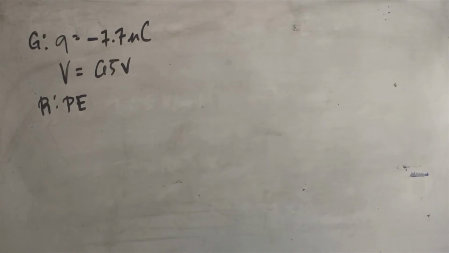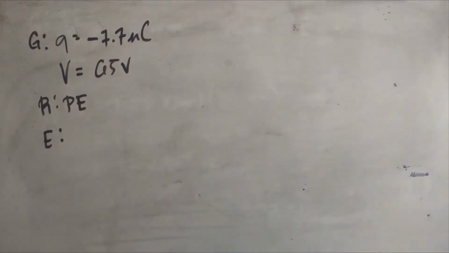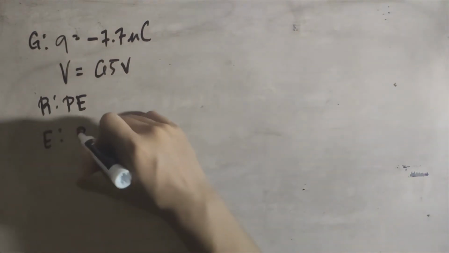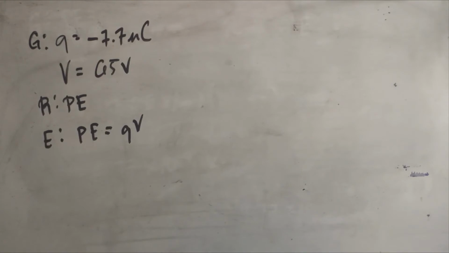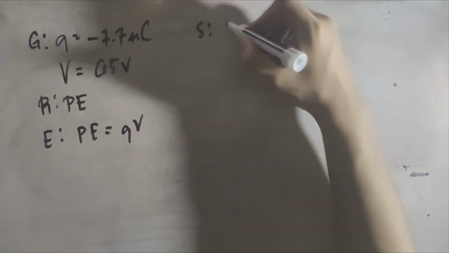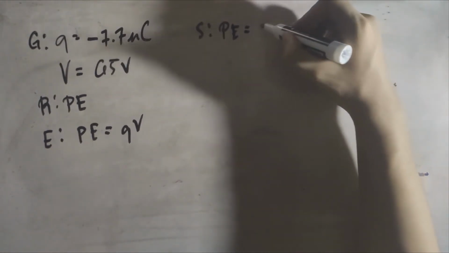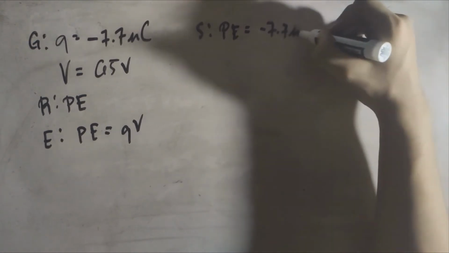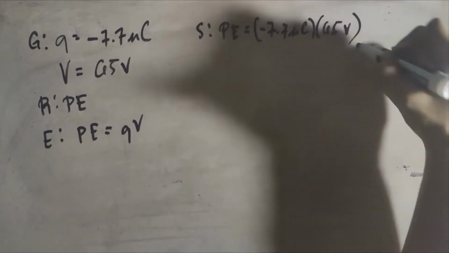According to the problem, how much energy is required? So for the equation we have PE equals QV. Then just substitute the values. Potential energy is equal to negative 7.7 microcoulombs times 65 volts.